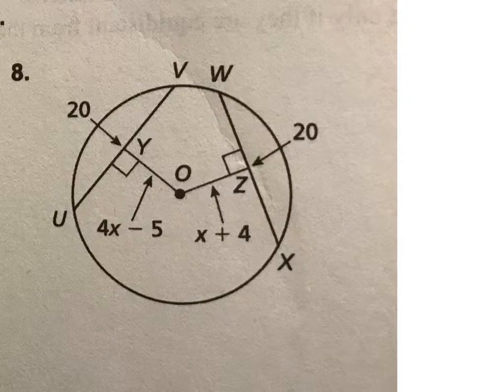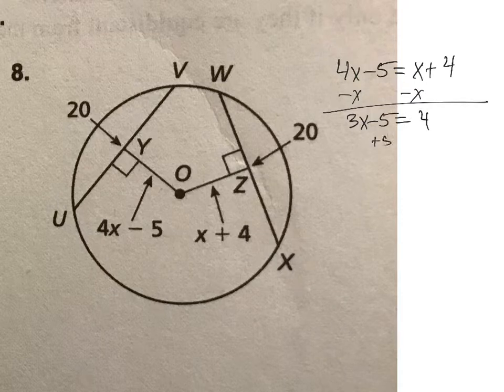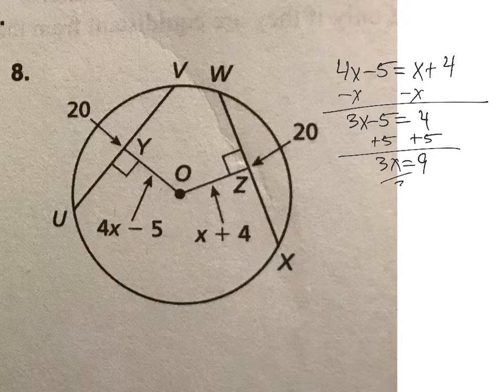All right. Set 4x minus 5 equal to the x plus 4. And I'll subtract the x. 3x minus 5 is equal to 4. Add the 5. 3x equals 9. And divide off the 3. X equals 3. So that's 3 and that's 3.